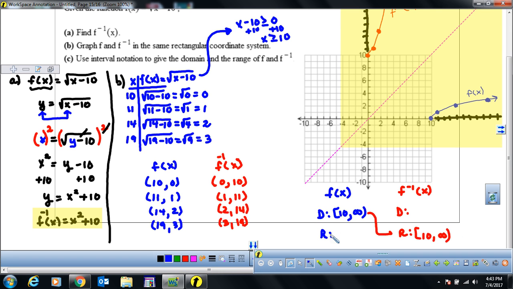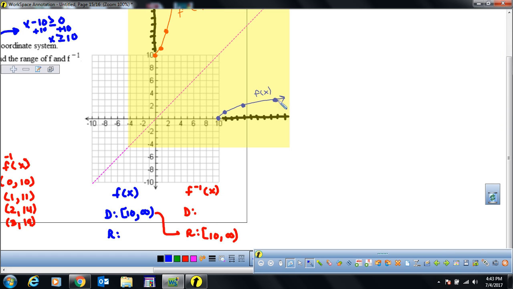Now, let's look at the range. What is the lowest value of y on this graph? The lowest one is going to be right here in the middle, which is 0. That is the lowest value of y. Now, what is the highest value of y? It is going to be infinity, because this graph keeps going all the way up.